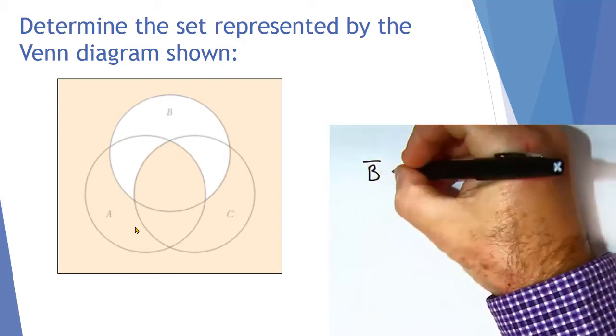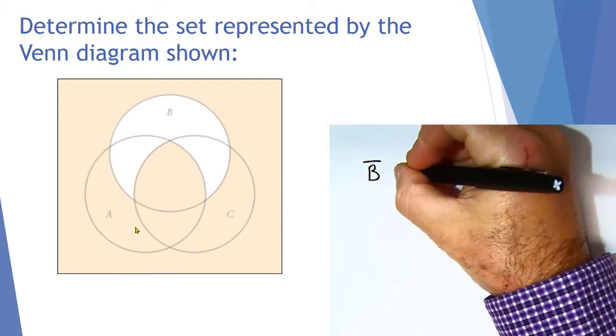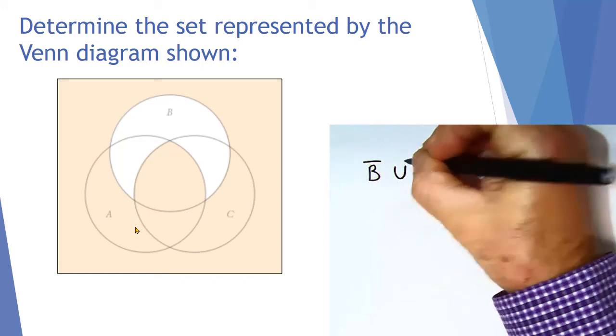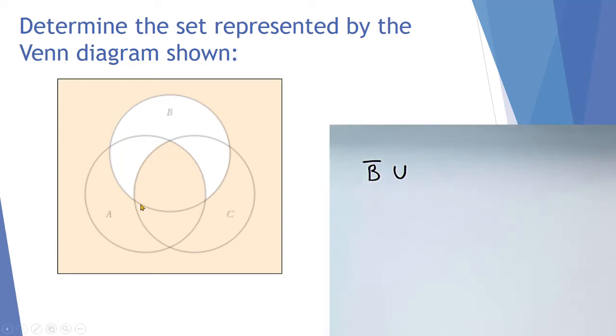But we want to add to that, so we can be outside of B, or, that is to say, union. We can also be in this center region right here. This triangle in the center where three sets intersect is called a Reuleaux triangle. So we have the area outside of B and this Reuleaux triangle in the middle. But we don't have to define just this triangle. We could more simply describe it as the intersection of A and C and include the entire football region.